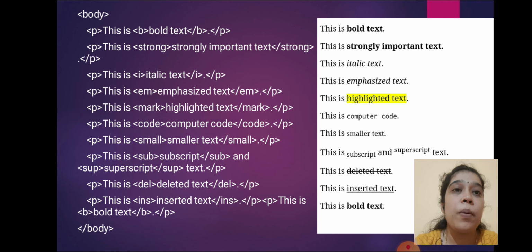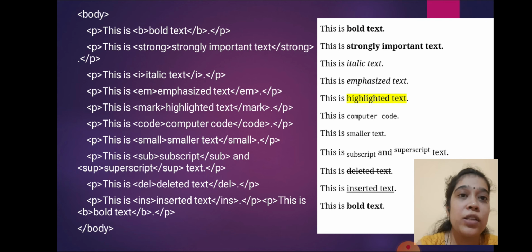Next is sub, meaning subscript, and sup, meaning superscript. Subscript means if we want to print x2, then it is subscript, and if we want to print x square, which is superscript. The same effect will be applicable if we use the sub and sup tags.